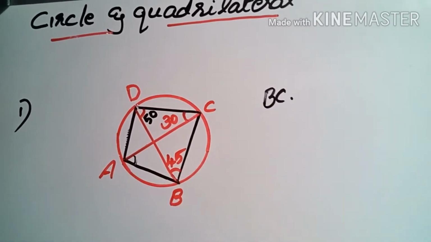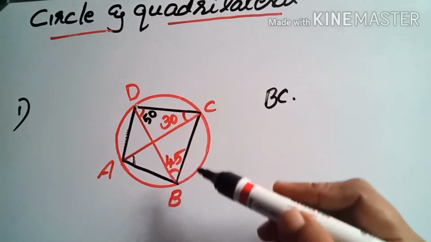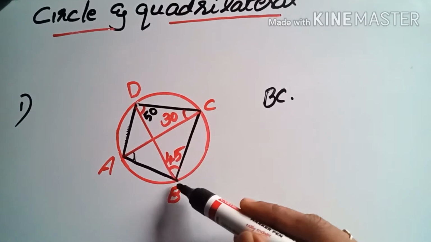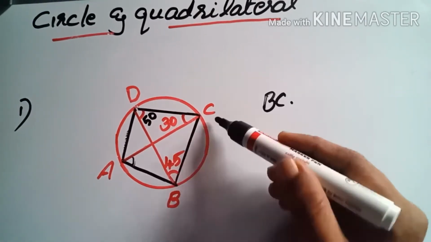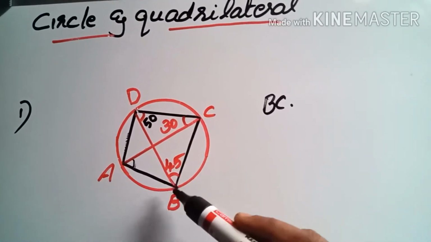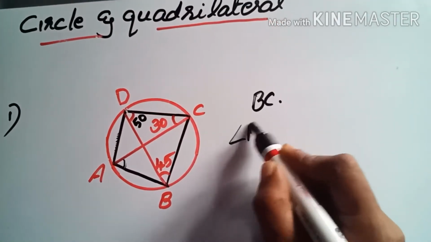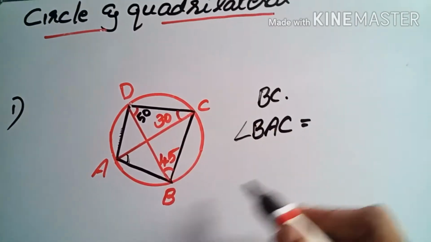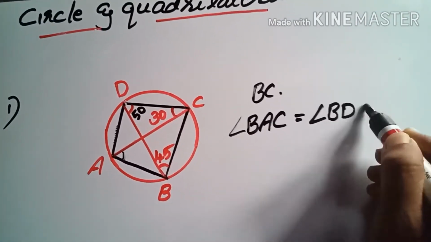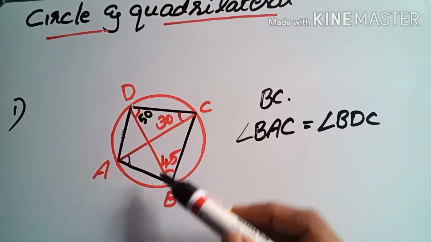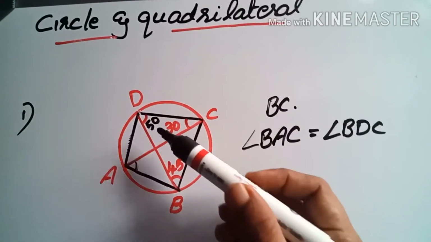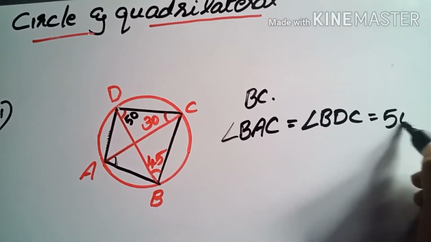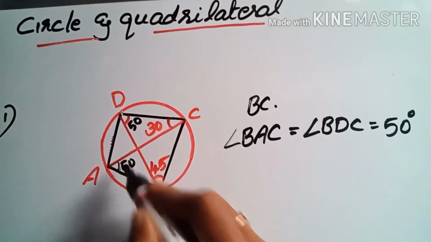So this angle will be equal to, check if any other angle is there, B, then next is D, C. Starting and ending points must be B and C. So this angle BAC is equal to angle BDC. Here angle BDC is given in the question. Angle BDC is 50 degrees, so this angle A will also be 50 degrees. So both are 50 degrees. So we got this angle.